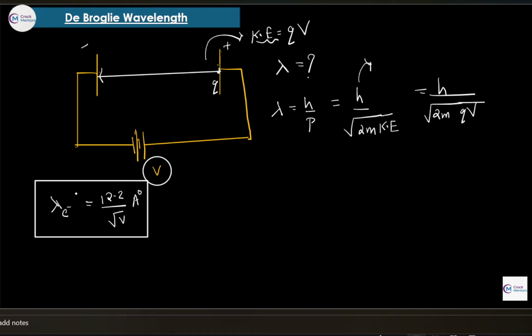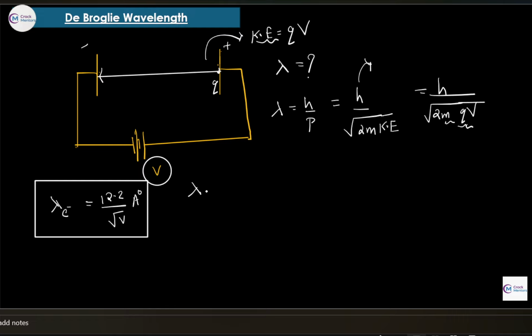Basically, this is the value of lambda of the electron, which we have obtained after putting in the values of h, the mass of the electron, and the charge of the electron. This is the value that you must note down.